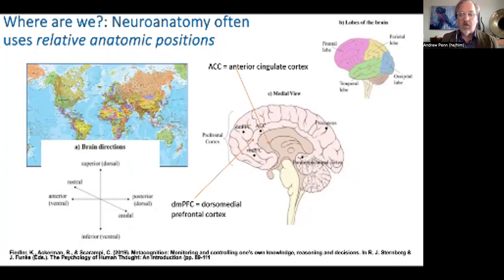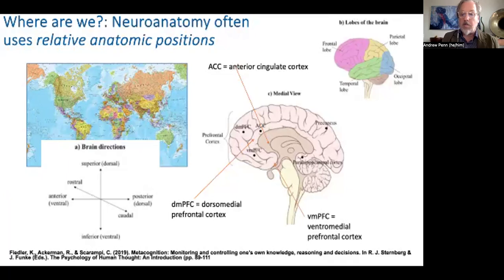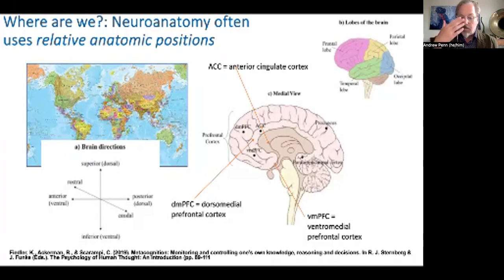So dorsal meaning behind the prefrontal cortex. And then the ventromedial prefrontal cortex. So again, ventral towards the front, medial towards the midline, prefrontal cortex in the front area of the brain. Not the most intuitive terminology, but after a while you start to get used to hearing these terms.